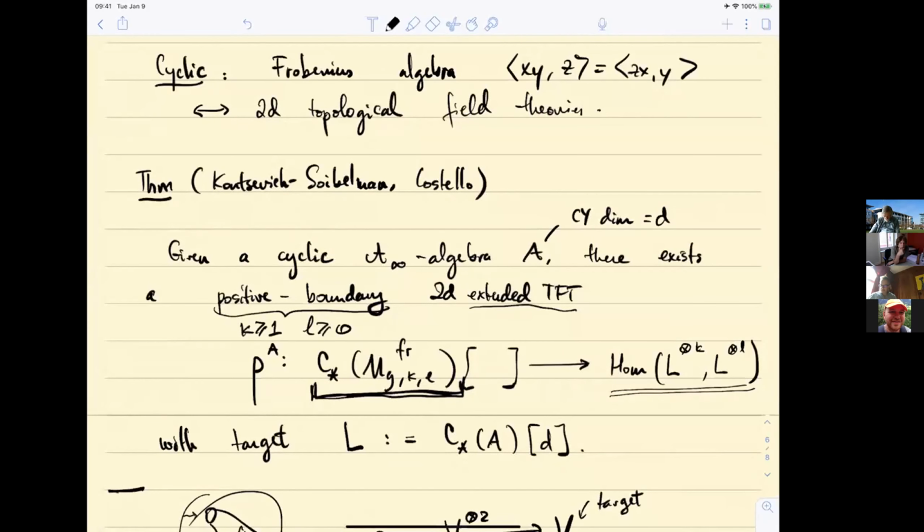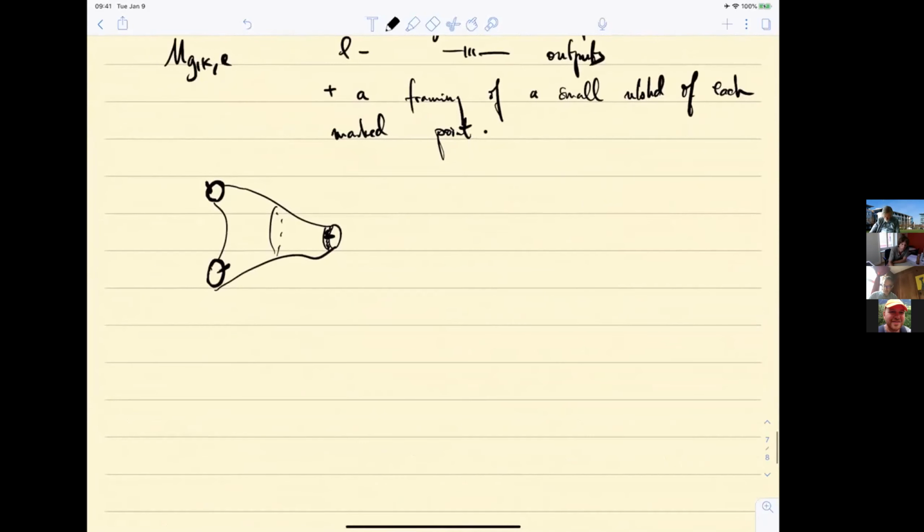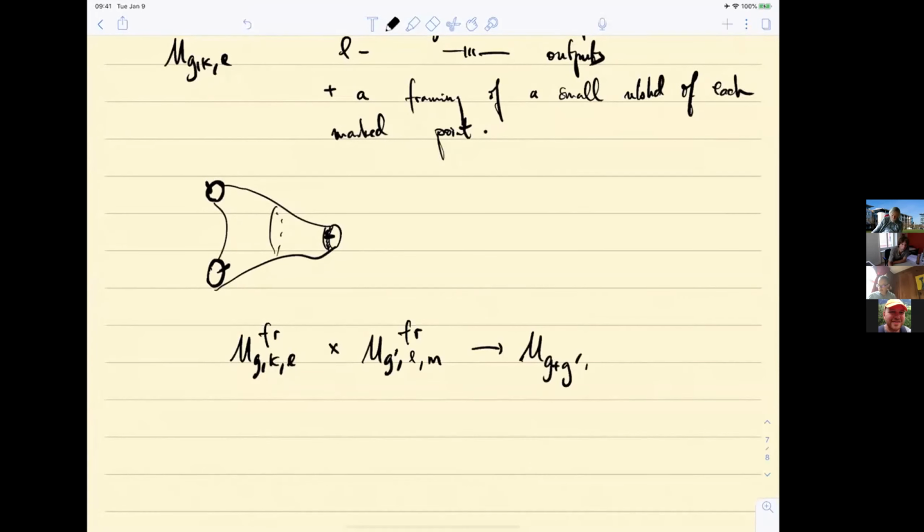And so I have interesting maps that look like this: M_{g,k,l} framed cross M_{g',l,m} framed, going to M_{g+g',k,m} framed, in which I sew the outputs of each Riemann surface from here to the inputs of the next one.